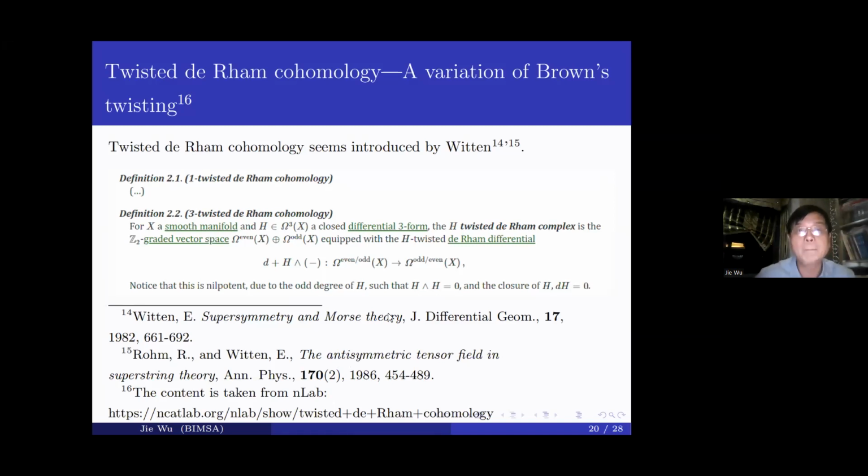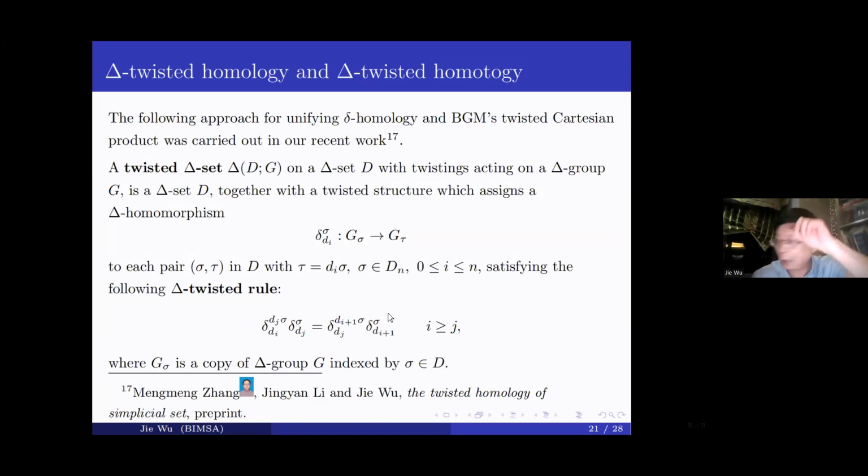And now, okay, I try to explain what we try to look at. On one hand, we have this delta homology introduced by Professor Yau's group recently, right? And in my mind, there are a lot of nice twistings in these classical works.